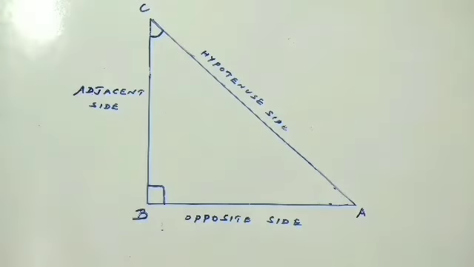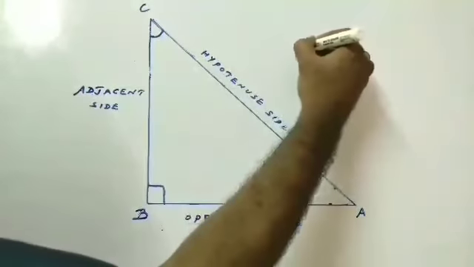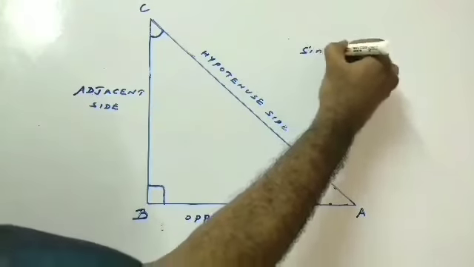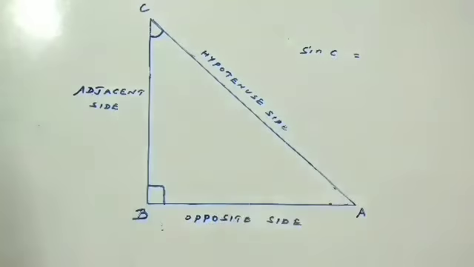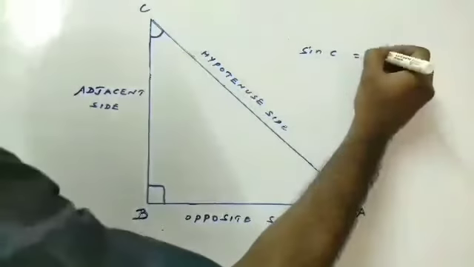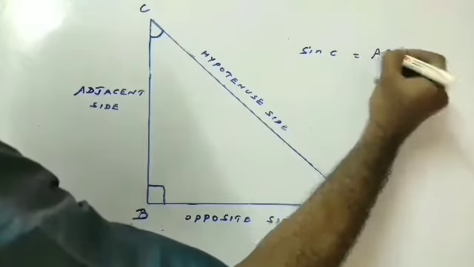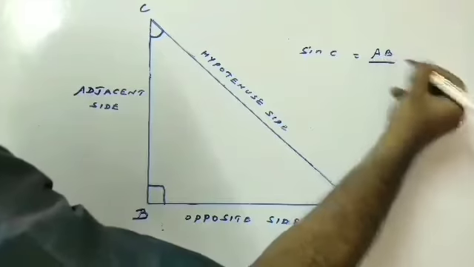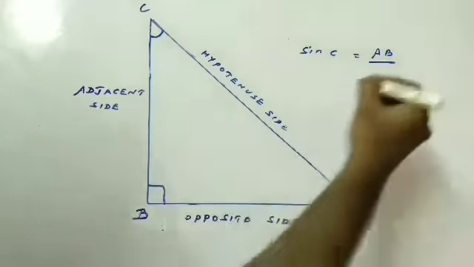Now in case we are asked to find sin C, we know that sin theta equals opposite side by hypotenuse side. Here opposite side is AB, by hypotenuse side, that is CA.